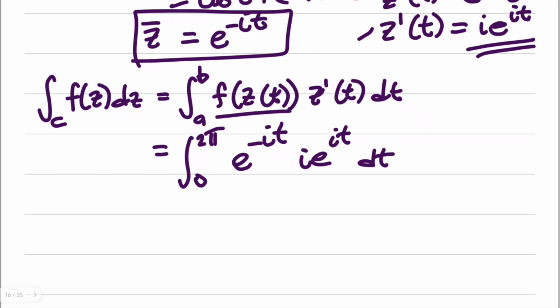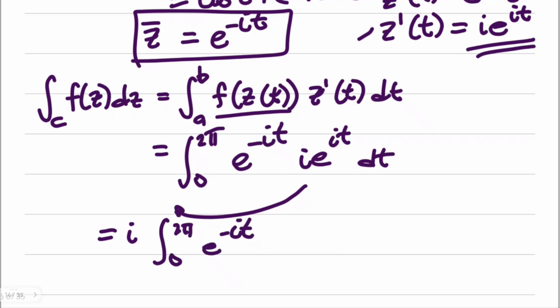So similar to the previous video, our I is actually a constant, and using the property of constant multiple, you can bring that out. You have I times the integral from 0 to 2 pi of e to the power of negative it, e to the power of it dt.